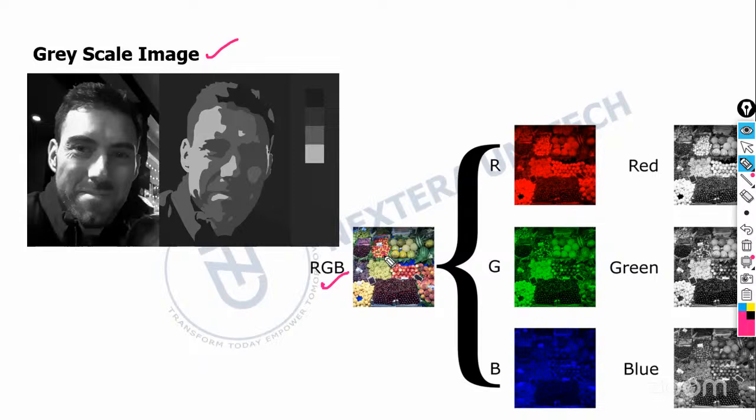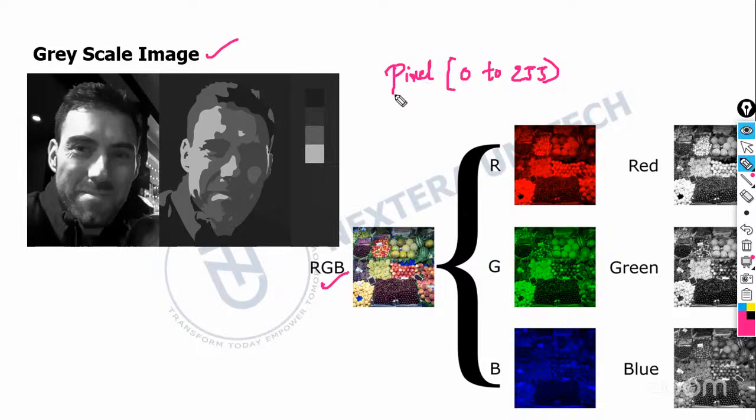RGB is nothing but a color image. A grayscale image is an image in which the value for each pixel lies between only 0 to 255. So, Akhil, what do you mean? I mean to say that beyond this range, you cannot have a value for the pixel.